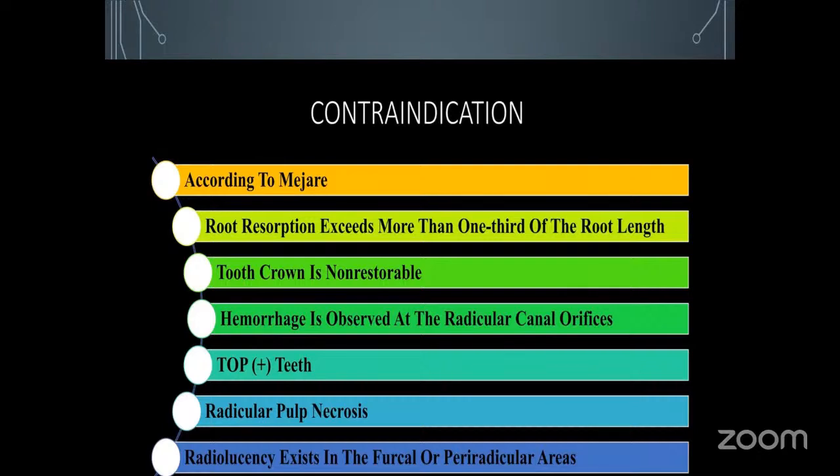If the tooth crown is non-restorable, we cannot do it. If we are not able to control the hemorrhage in that area and there is continuous bleeding, we cannot use pulpotomy. In TOP positive cases, meaning there is infection in the periapical area, we cannot use it. And in radicular pulpal necrosis cases also, we cannot do it. On radiographic examination, there should be no periapical changes.